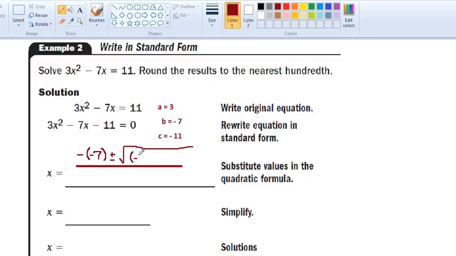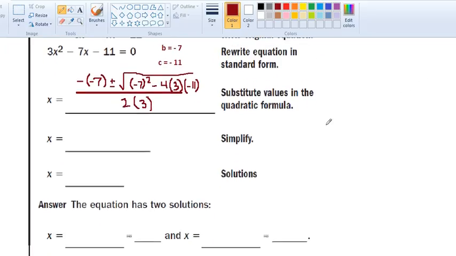B squared, so it's negative 7 squared minus 4, because there's just a 4 there, times A, which is 3, times C, which is negative 11. And that all goes over 2A, so it's 2A, which is 3. That looks like a lot of solving. It's going to take us a couple steps to simplify this.